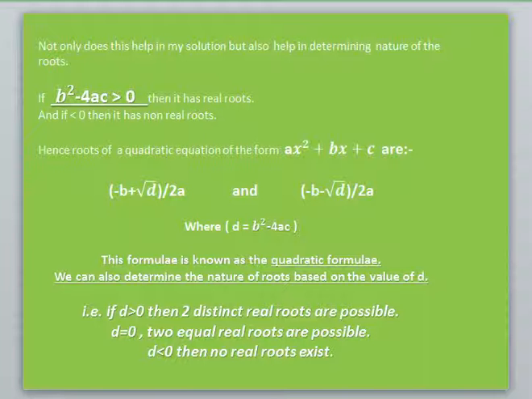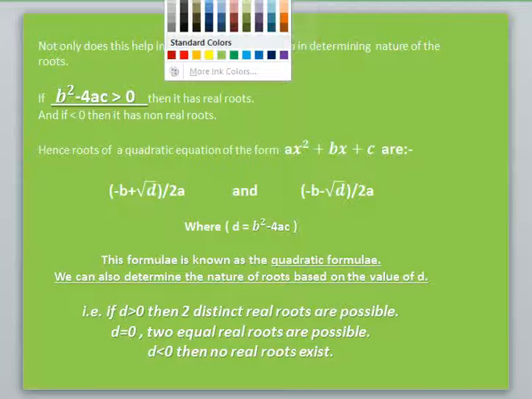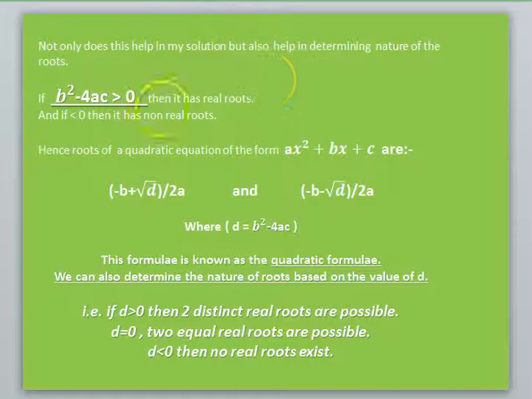Not only does this help in my solution, but it also helps in determining the nature of roots. If b square minus 4ac is greater than 0, then it has real roots, and if it is less than 0, it has non-real roots. Wondering what b, a and c are? They are obtained from the general form of the equation ax square plus bx plus c.